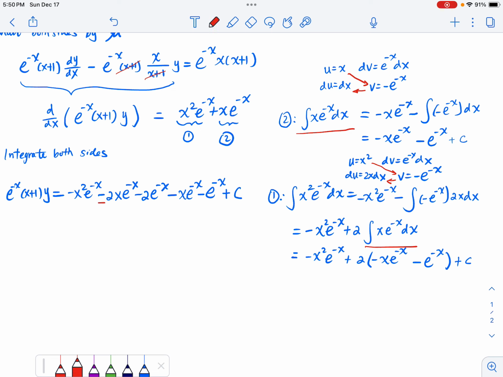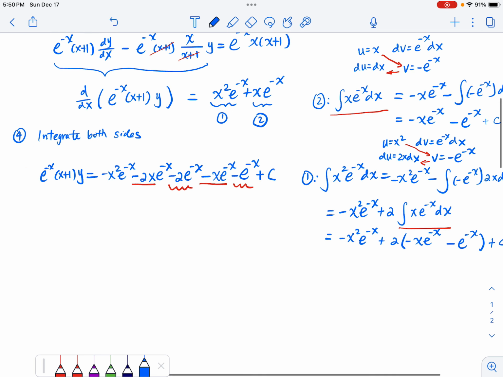I feel like we have a few like terms, like these two are like terms, and these two are like terms. Let's combine them. So in other words, e to the negative x plus 1 y equals negative x squared e to the negative x minus 3x e to the negative x, and then also minus 3 e to the negative x plus c.